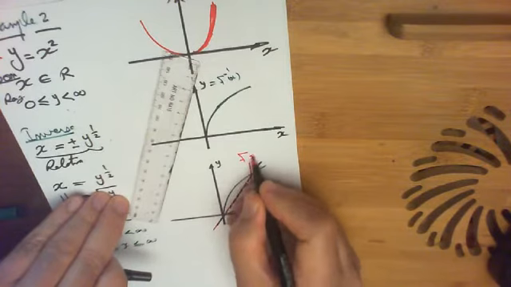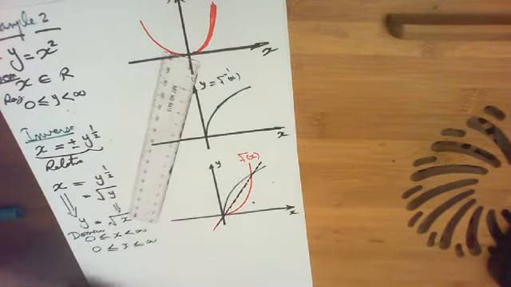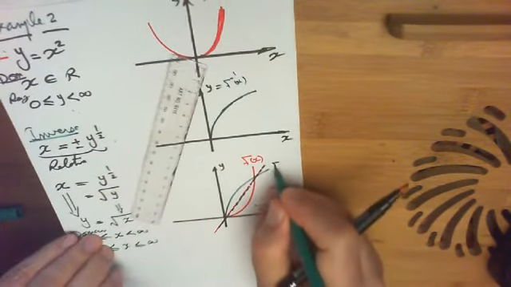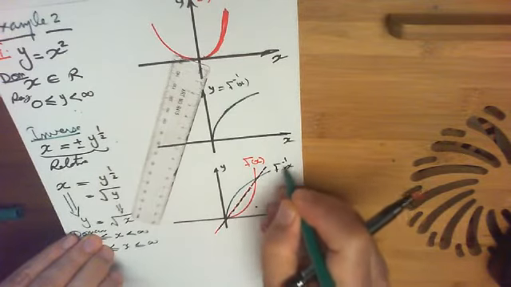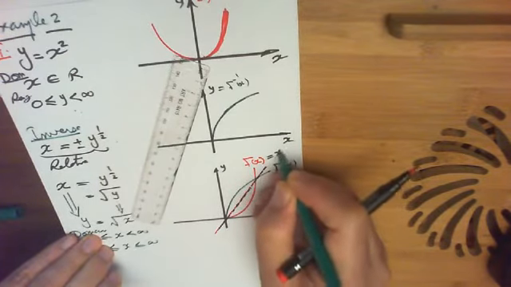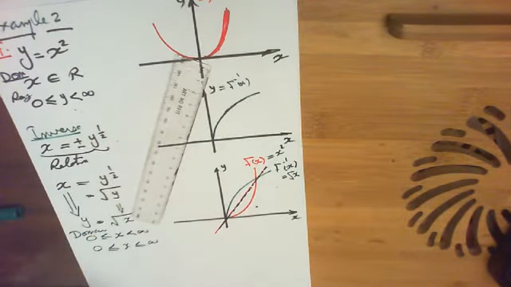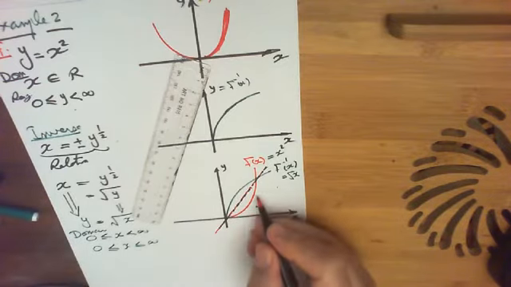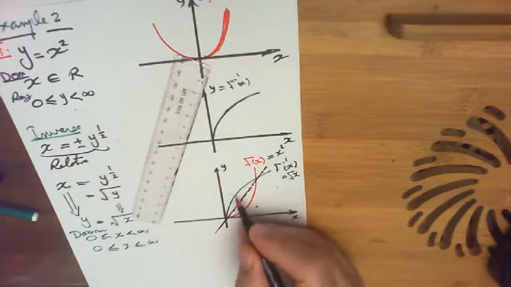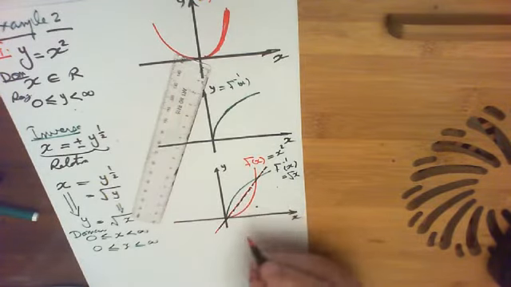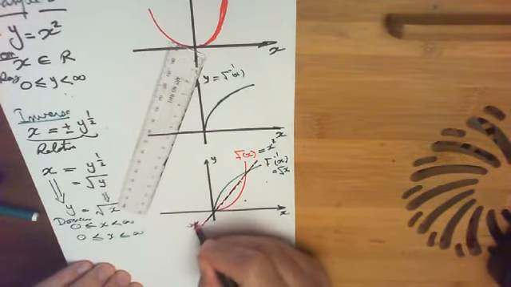This is f of x, this is f minus 1 of x. This is x squared, this is root x. And as you see, both are the original picture and its image relative to the line y equals x.